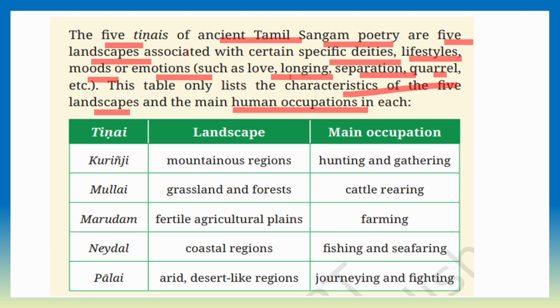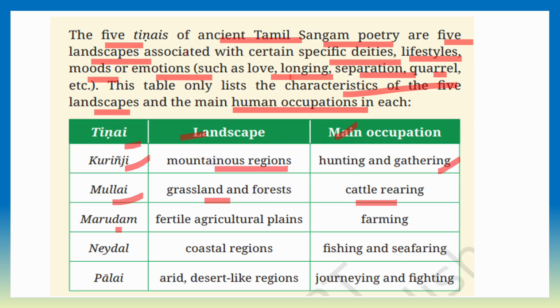See, Tinai, landscape, main occupation. First one, Kurunji. The landscape is mountainous regions. Their main occupation is hunting and gathering. Then Mullai. Landscape, grasslands and forest. Main occupation is cattle rearing.